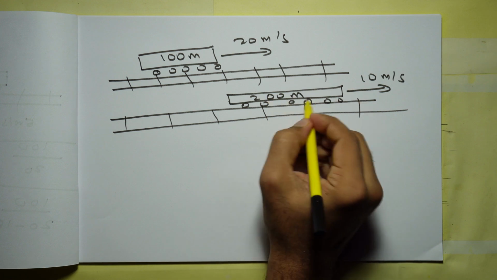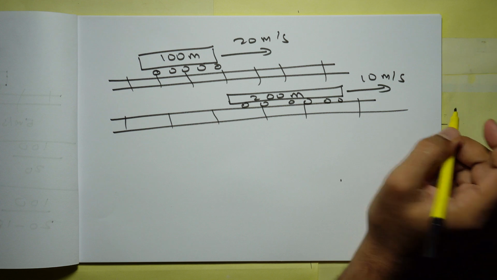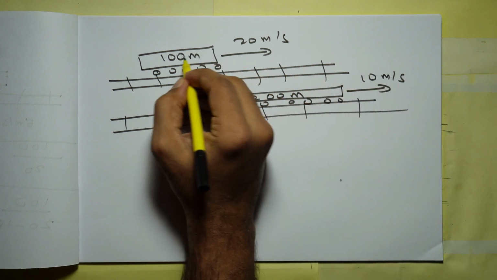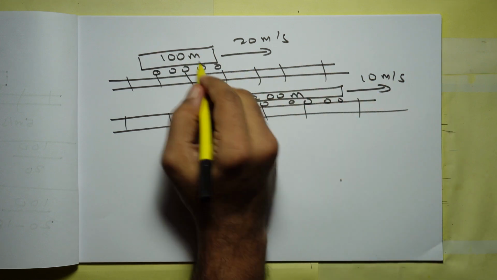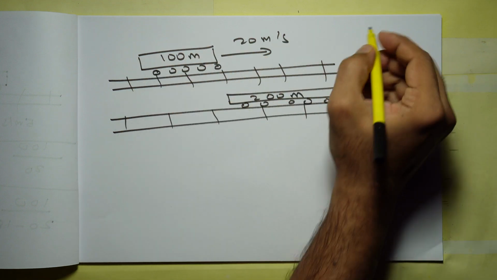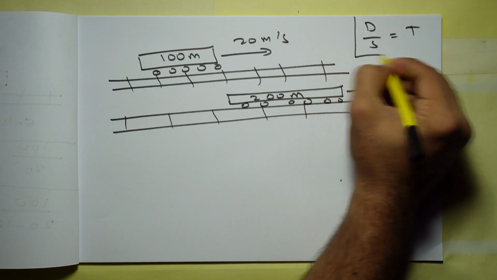Now you can see that this train is much slower. Its speed is only 10 meters per second. So this train will overtake this train. So what is the time required for this train to be completely ahead of this train? Overtake this train means it should be completely ahead of this train. So you have the basic formula, distance by speed gives you time.